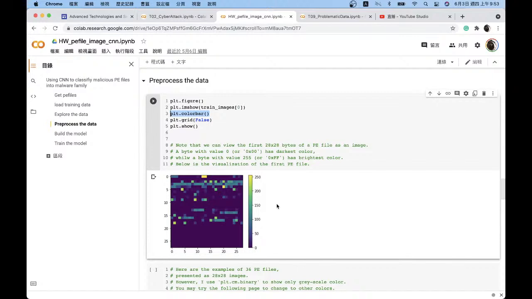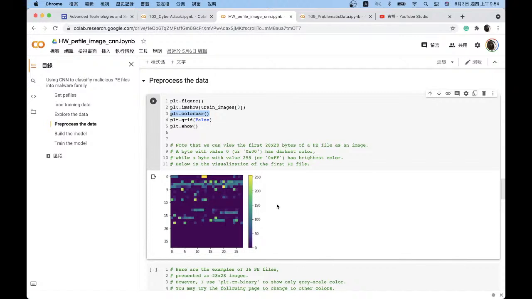several researchers have proved that such a representation truly can represent the data, and those images can truly be analyzed by a CNN or any other neural network. So sometimes, even though we don't know what exactly the data represent, there's one concept you have to remember.